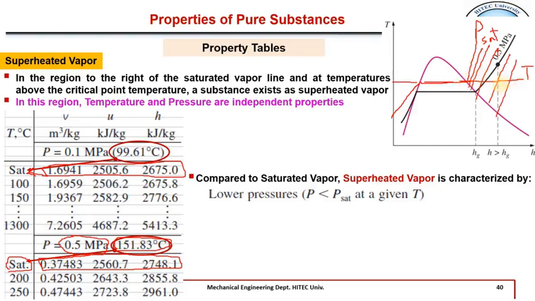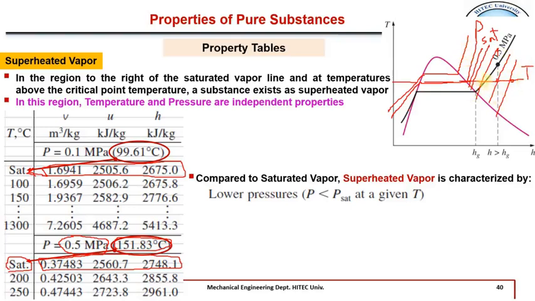For example, this pressure line is a higher pressure, higher than P sat. This pressure line is not intersecting this temperature line in the superheated region, right?